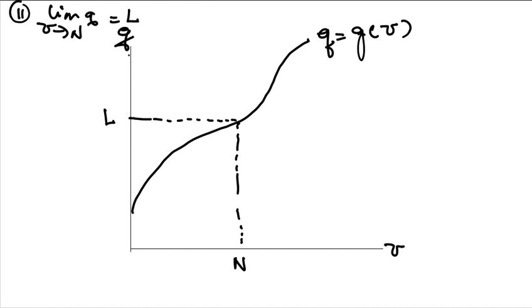Look at the vertical axis here. Let's say that interval looks like this. We have L minus A1 below L, and L plus A2 above L. Then we draw a dashed line horizontally until it hits the curve.